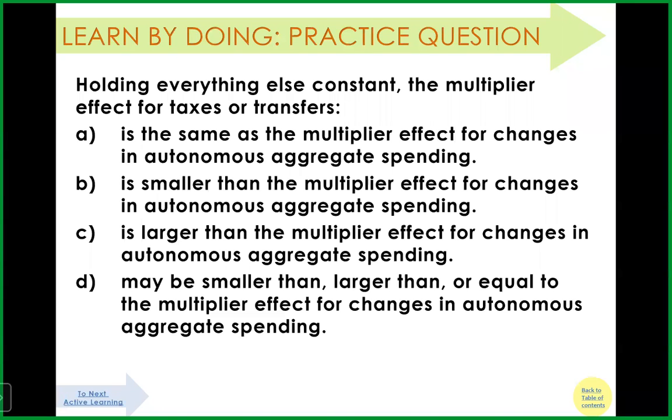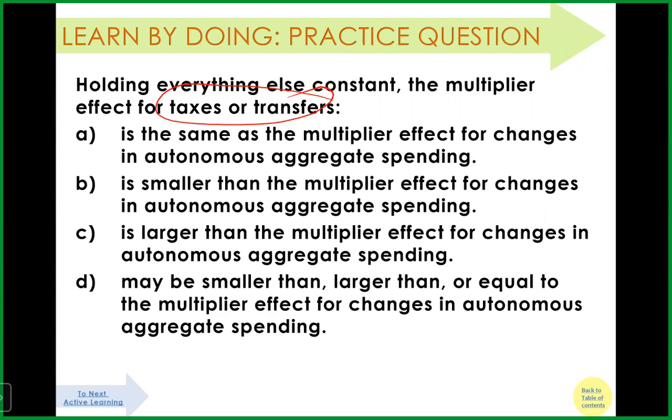Now we can look at this practice question to understand the things we just discussed. Holding everything else constant, the multiplier effect for tax or transfer. So that's something we just learned, right? So the impact of tax or transfer. Here, basically, we're just comparing with spending.